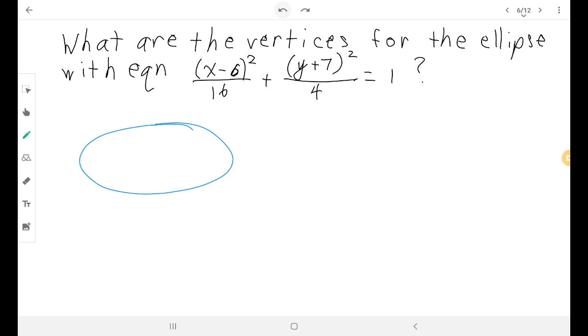This is then A squared, so from the center out to A must be the square root of this number, so that distance must be 4, so A must be 4.